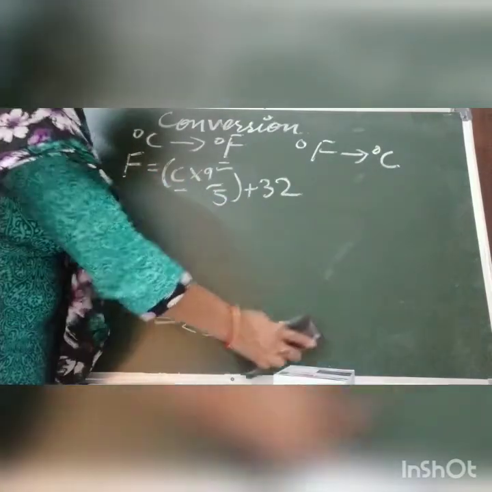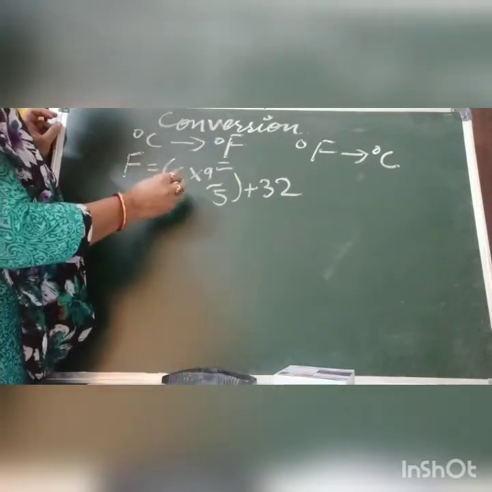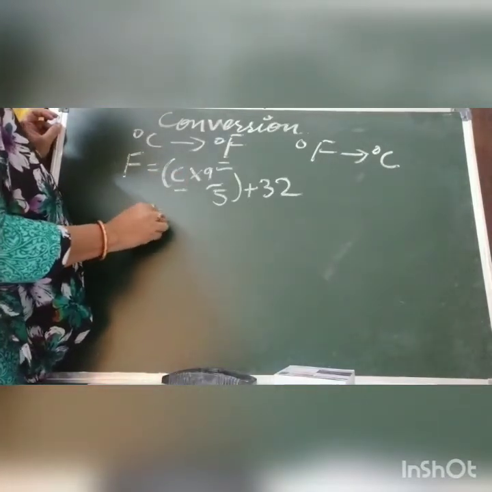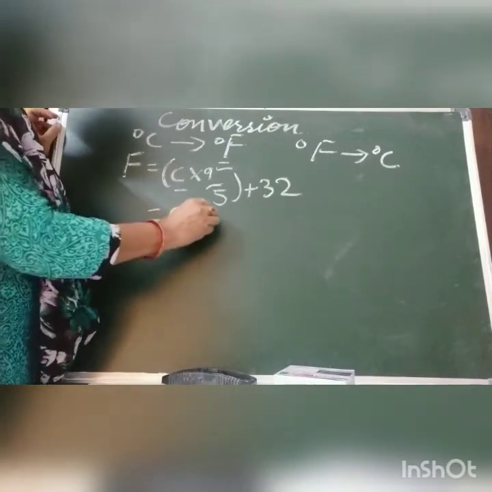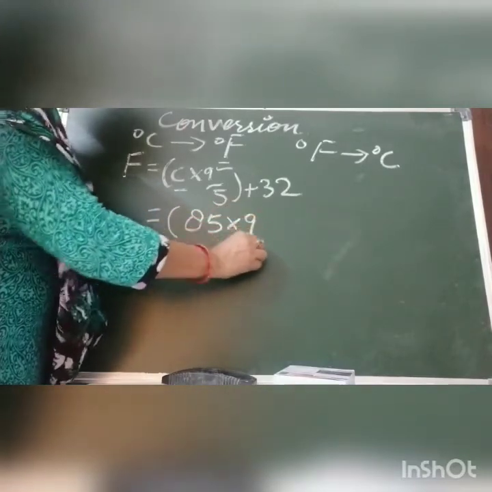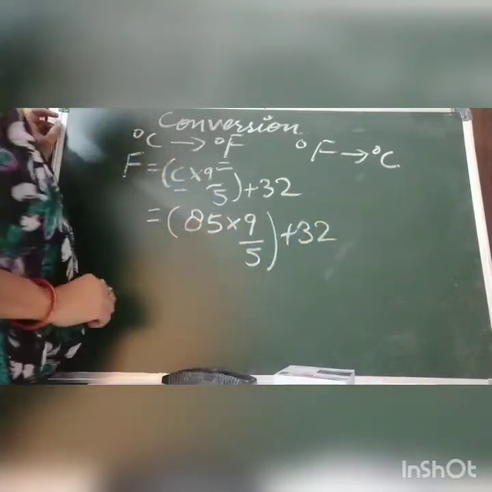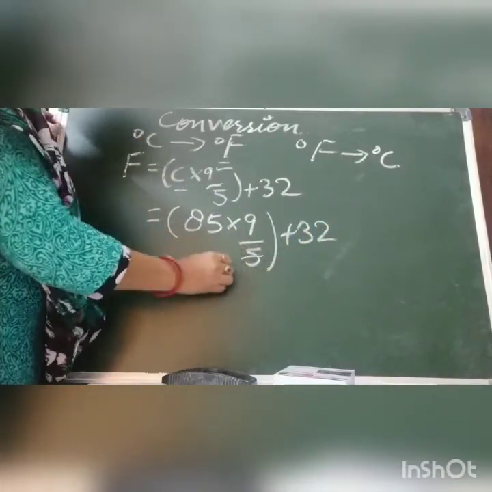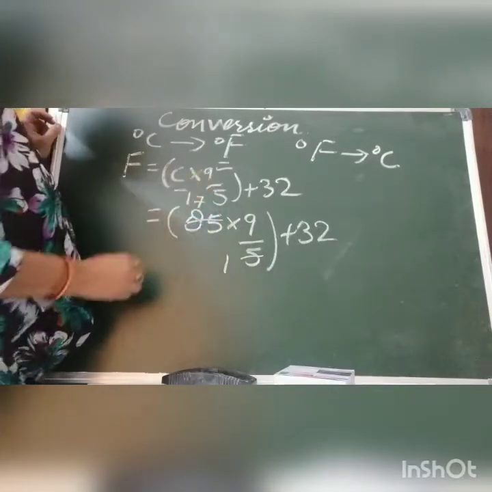One more numerical. Now suppose the value of C is 85. In place of C what we will write? 85. 9 upon 5 plus 32. 5 ones are 5. 5 ones are 5. 5 sevens are 35.